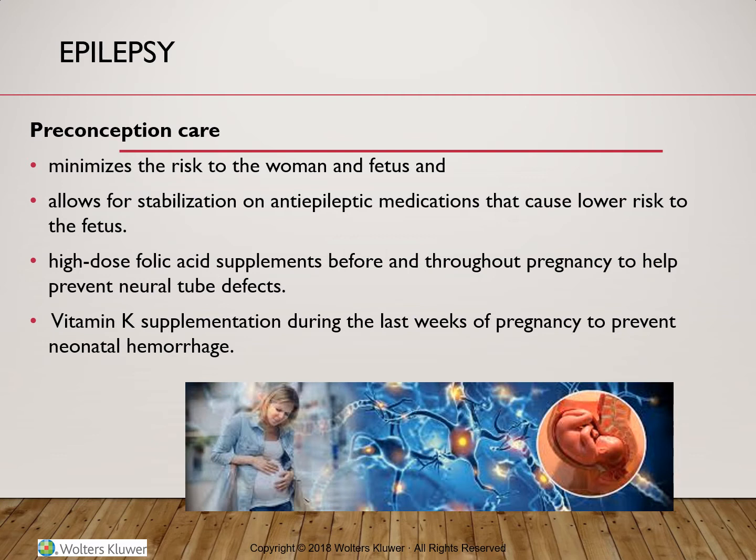Folate supplements are essential at least 1 to 3 months before even trying to become pregnant and throughout the entire pregnancy to prevent the risk for neural tube defects. The screening for neural tube defects in the fetus will be done very early in the pregnancies.